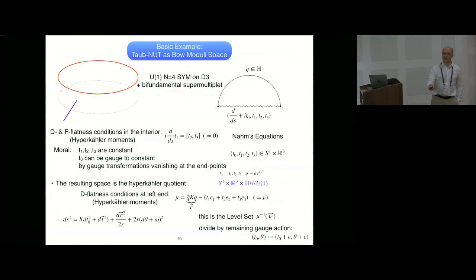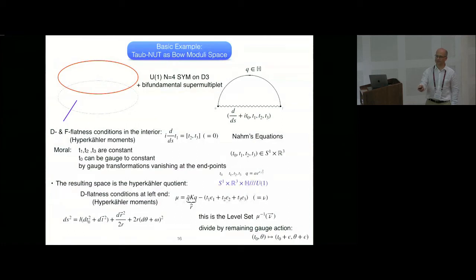Now let's look at what conditions are imposed by gauge transformations at the endpoint. At the endpoint, this gauge group acts on T's, it shifts T0, and it acts on Q, on this bifundamental. So the D flatness condition for that, if you like the moment map acting on Q, is this.